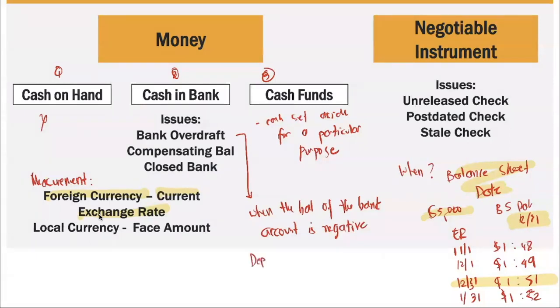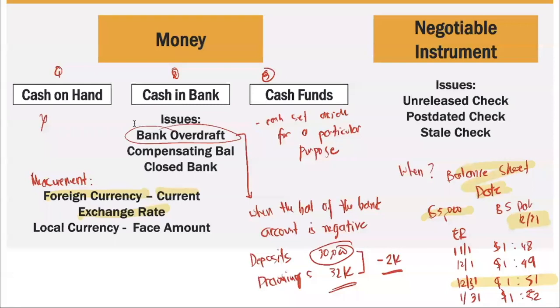So for example, you have deposits of 30,000, and these are your different drawings, let's say 32,000. So out of your deposit of 30,000, you drew 32,000. So what is the effect? You have negative 2,000 because you have overdrawn. Since you overdrew, we call it bank overdraft. The question is, what is the treatment of a bank overdraft?